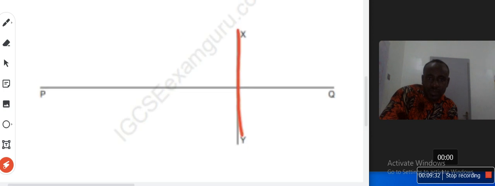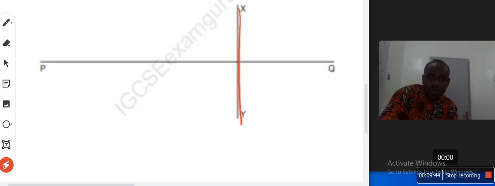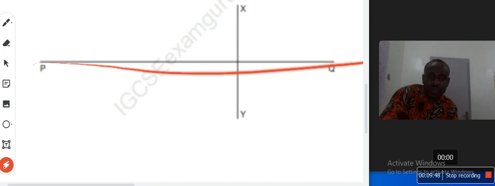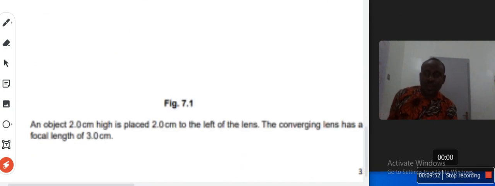This is the lens itself, axis of the lens, and this is the principal axis, PQ. In other words, this is the vertical plane of the lens. This is the principal axis, PQ. And it's a converging lens. It says an object of height 2 centimeters is placed 2 centimeters to the left of the lens. The converging lens has a focal length of 3 centimeters.